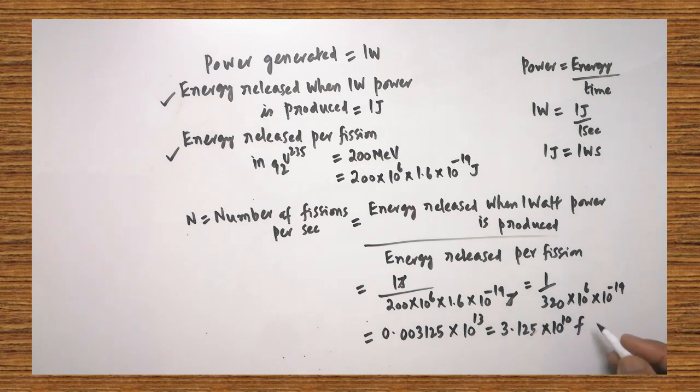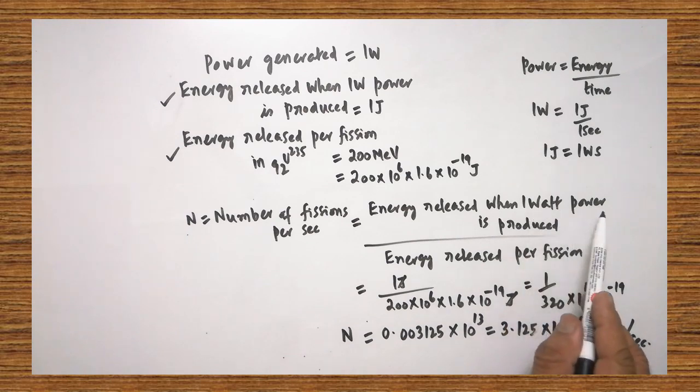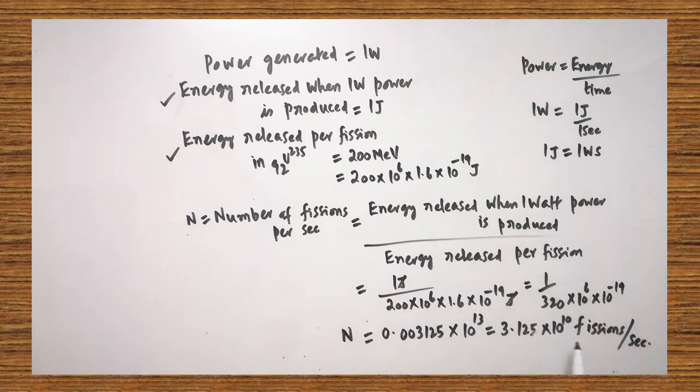So this many number of fissions are taking place per second. This is the value called n. Could you understand? When 1 watt power is generated, 3.125 into 10 to the power of 10 fissions per second must be taking place. Only then 1 watt power can be generated. Understood?